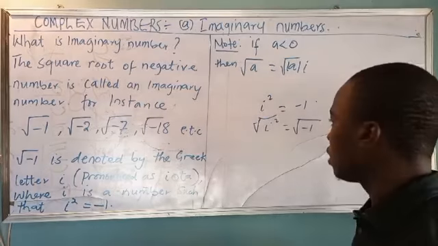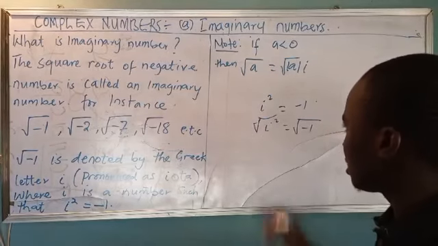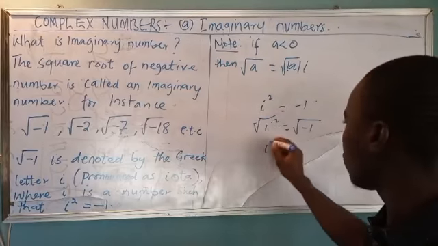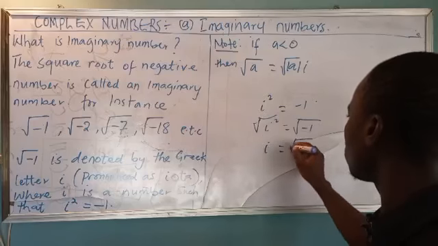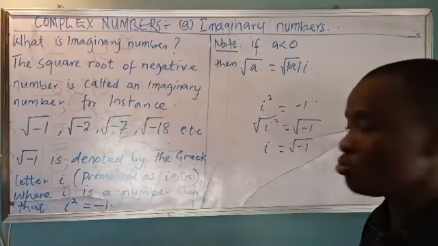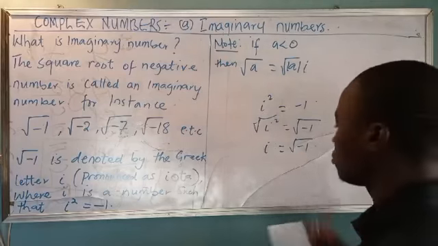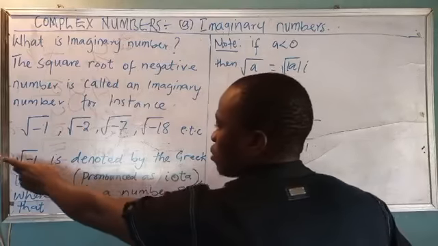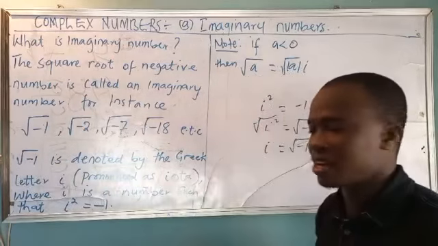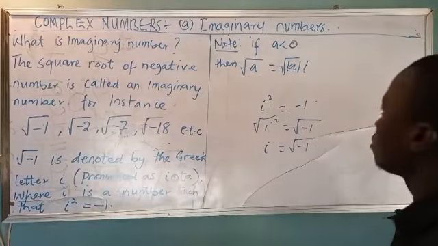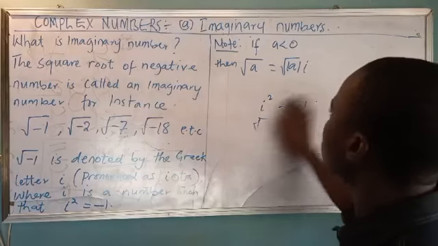And from the law of indices, the power 2 cancels with the square root, so we have I equals root of -1. That is where we derive I to be root of -1. That is, root of -1 is denoted by the Greek letter I. Are you getting what I'm saying now? So from there, you now try to know this.